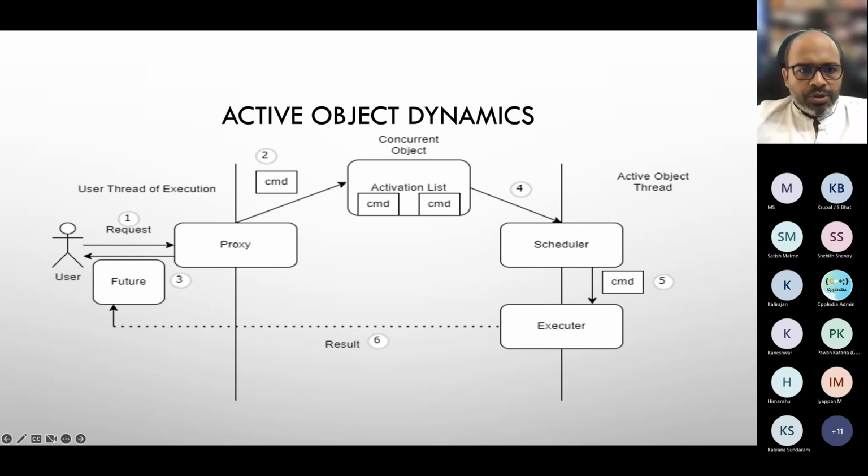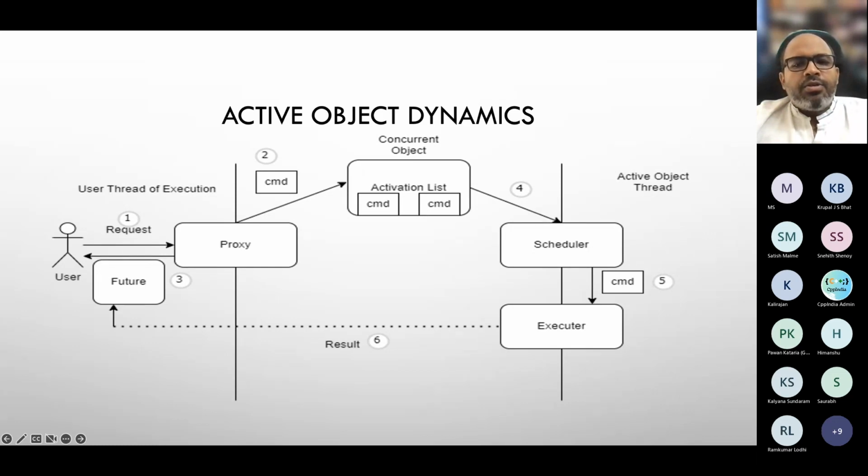For the user of the system, when they invoke any request, the invocation returns a future immediately. So there is no blocking here. It behaves like any normal request. You make a call, you get a return value, which is a future, and you proceed.